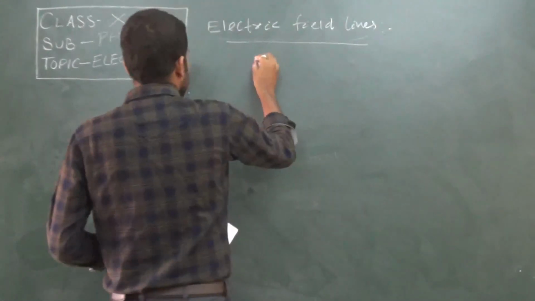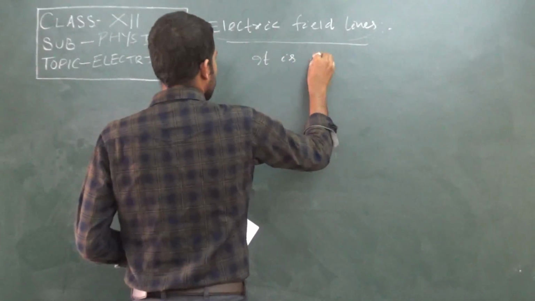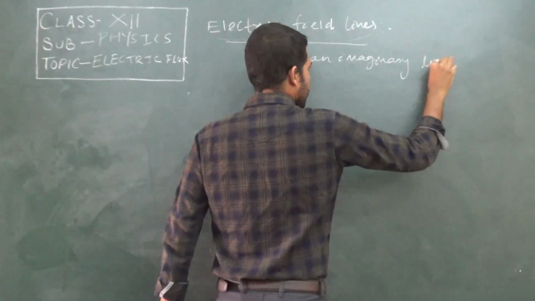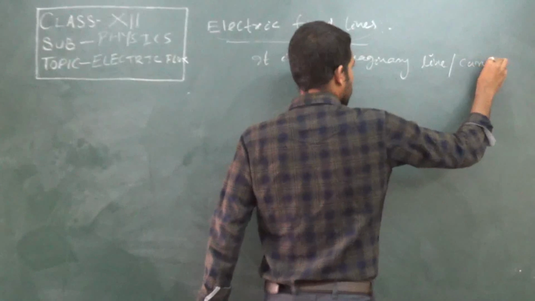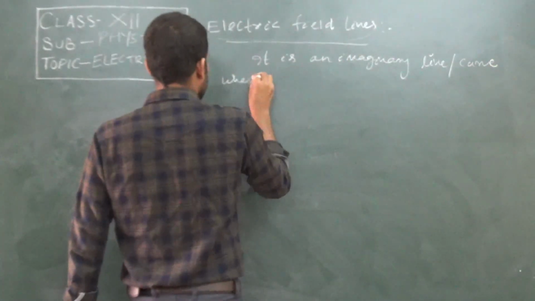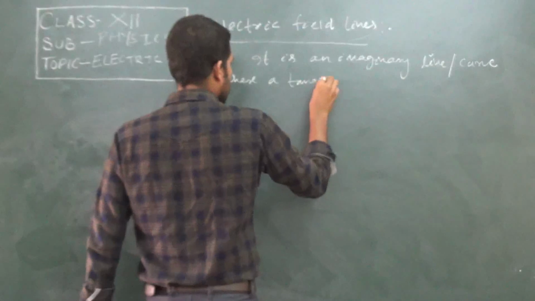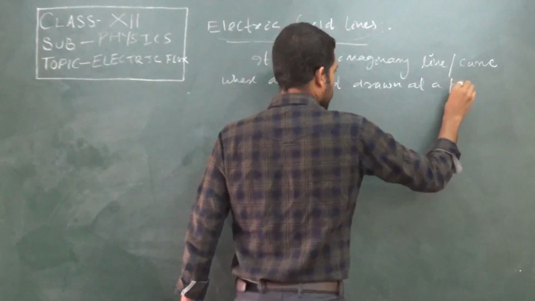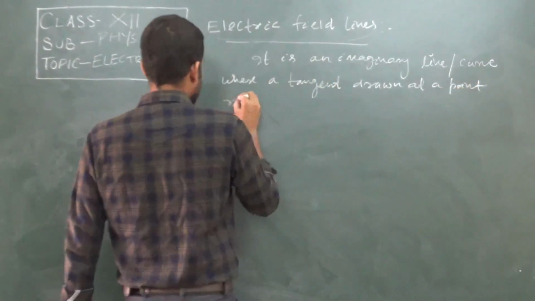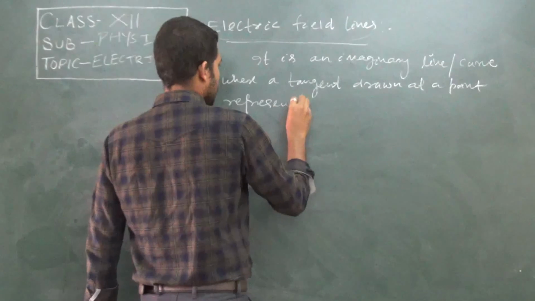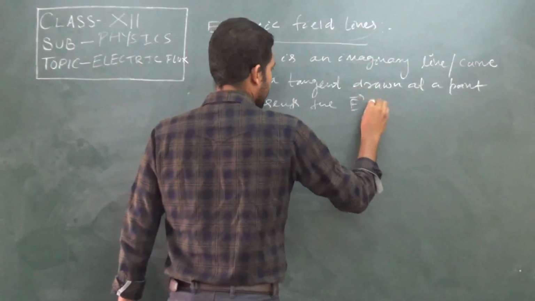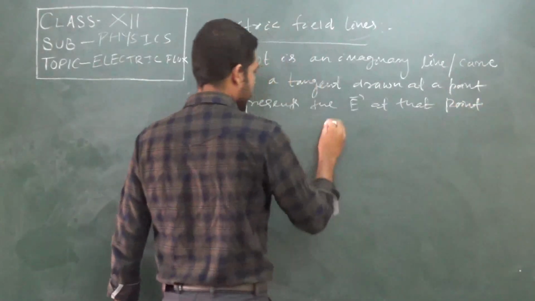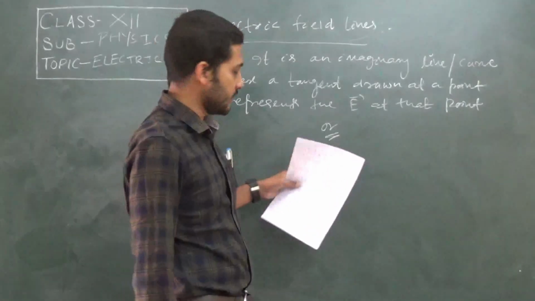So the definition: it is an imaginary line or curve where a tangent drawn at a point represents the electric field at that point.